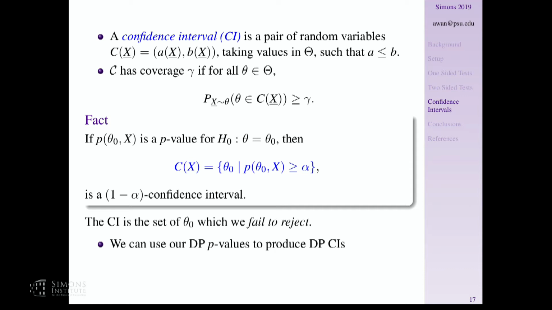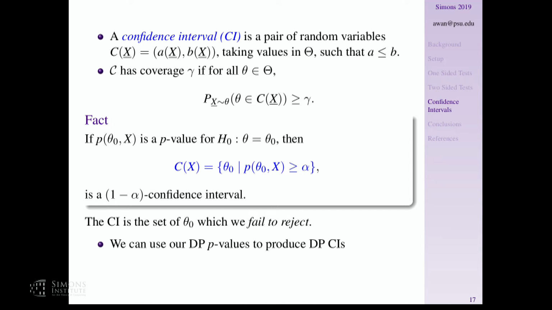And the way we're going to go from p-values to confidence intervals is by this fact that if you have a p-value where the null is theta 0, it doesn't actually matter what the alternative is. You can always produce a confidence set by taking all the theta zeros that you failed to reject. So if the p-value is larger than alpha, then we didn't reject it.